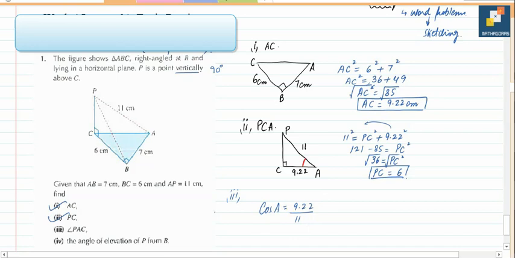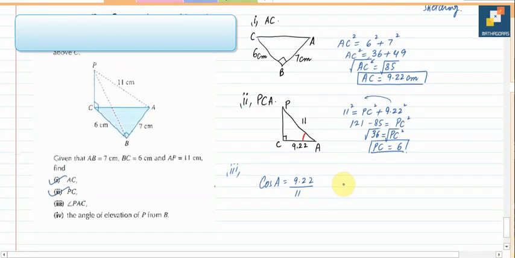So 9.22 divided by 11, and the cos inverse is 33.05. So angle PAC is 33.05 degrees. That is PAC.